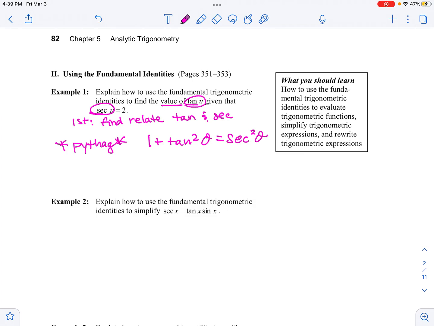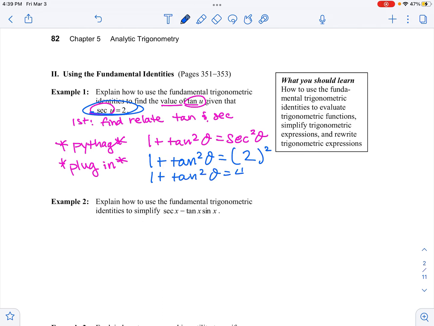Okay. Secondly, we're going to plug in what we're given. So we're given that secant is 2. So if 1 plus tangent squared is secant squared, and secant is 2, then I'm going to say 1 plus tangent squared theta equals 4. Go ahead and solve.